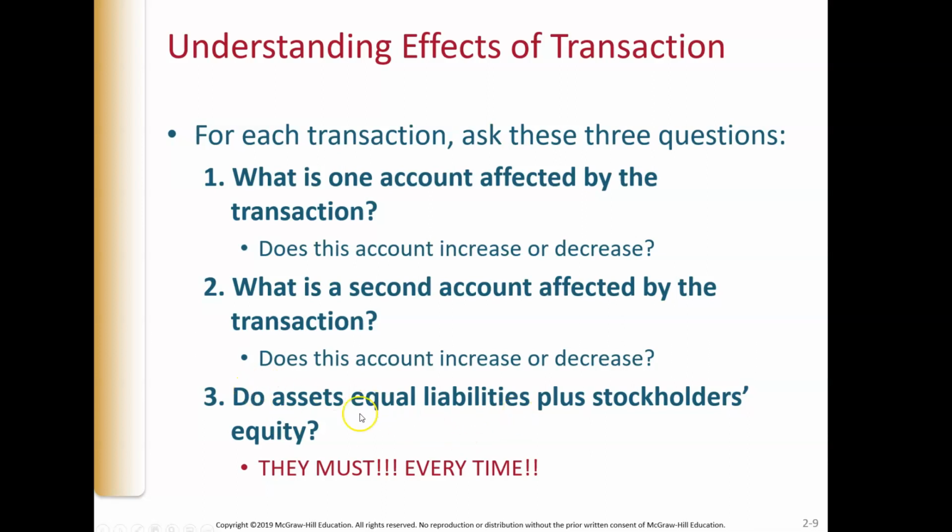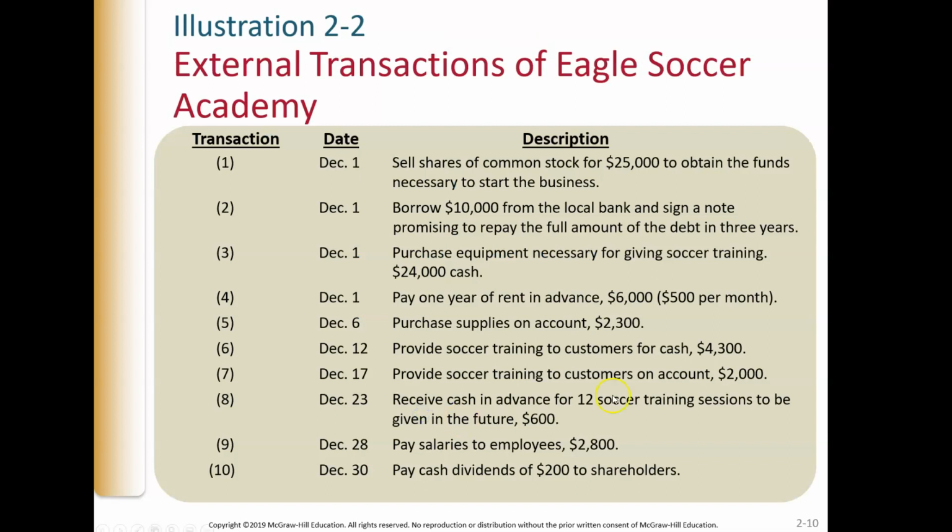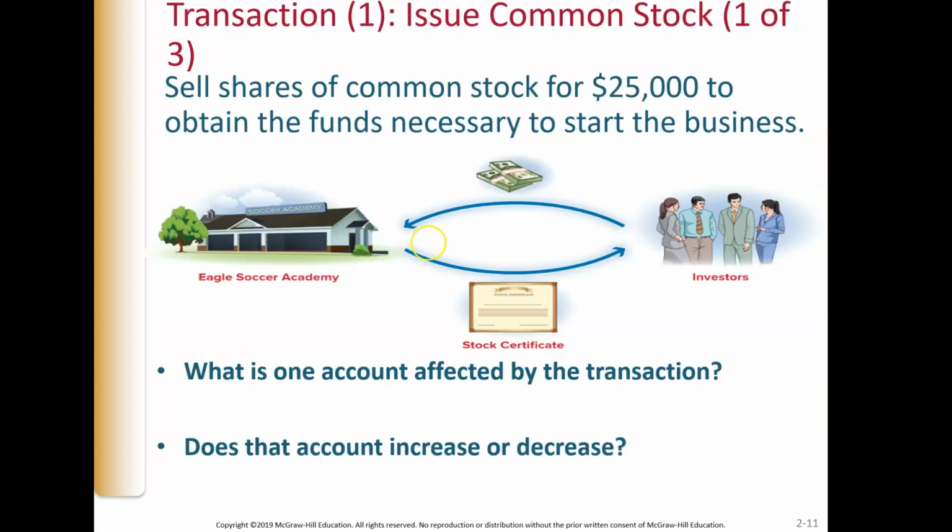Now, you're not going to have to figure this out once we get into debits and credits, but I want to show you the effect, what happens. So we have all these transactions. I'm not going to go through every single one, but I want to go through a few of them, ones that I know are problematic to students. So the first one, the company issues common stock.